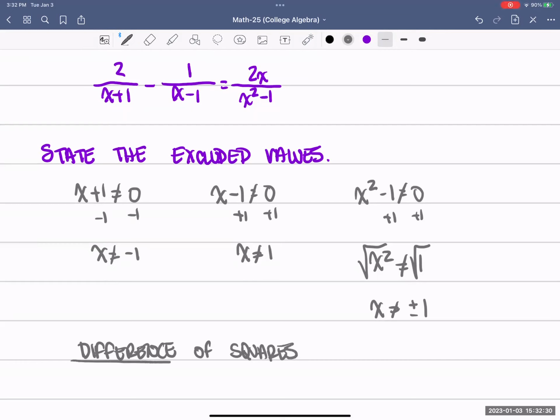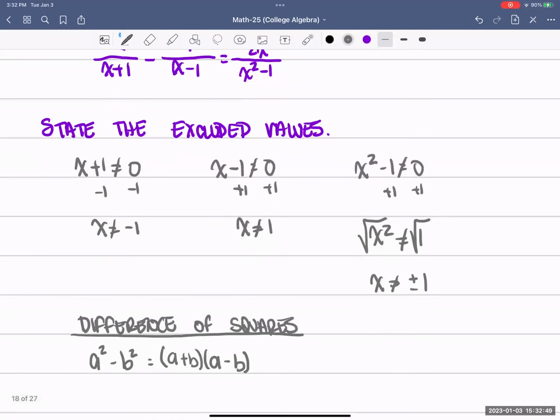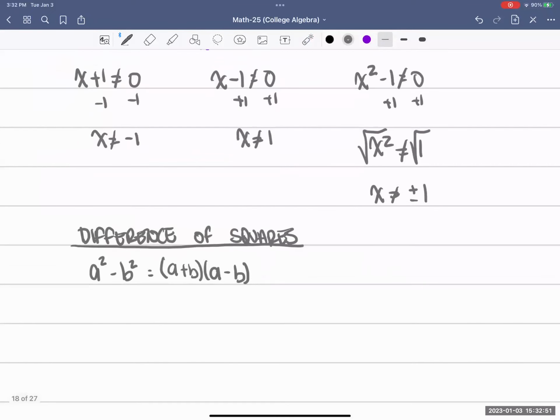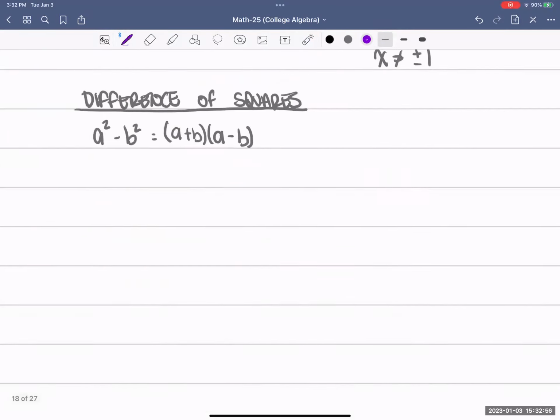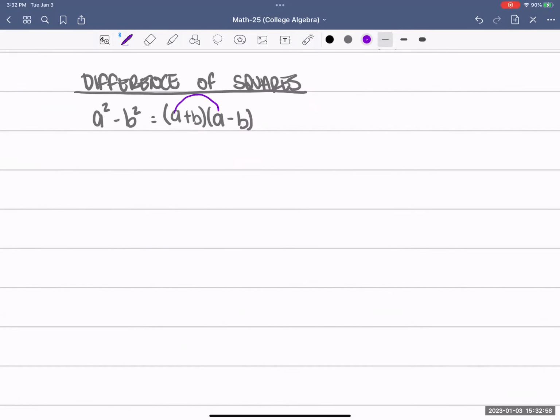So difference of squares: if we have the difference of two perfect squares, a squared minus b squared, this factors to a plus b and a minus b. And just so you could see how this works, I'll erase this so we could have a little more room. A times a gives us a squared.